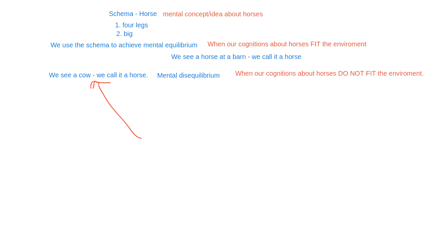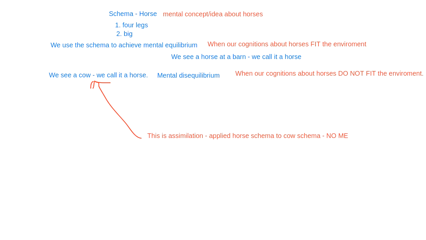So we applied horse schema to cow schema. No mental equilibrium. No mental equilibrium meaning no, I put no ME. So we need to try something else.